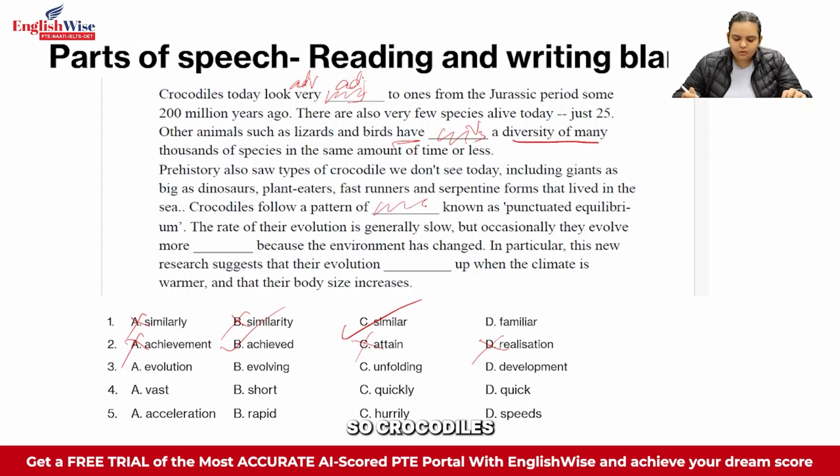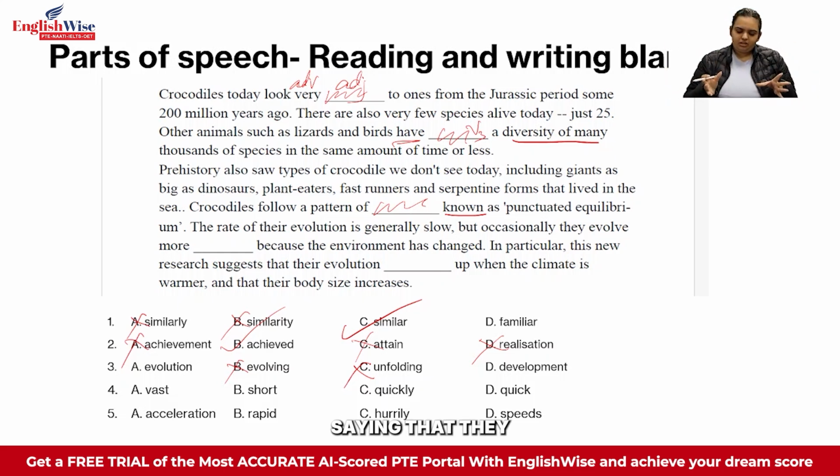So crocodiles follow a pattern of known. That doesn't make sense without the blank over there. So we need a noun or a verb. Known is the verb given already. So let us look for a noun. So verbs like evolving and unfolding will straight away be wrong. Either it will be evolution or development. When you talk about development, it is something that already exists and has become better.